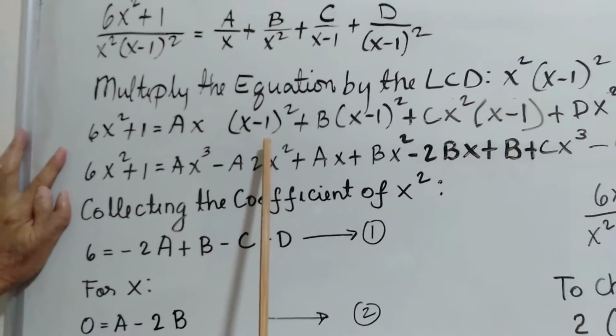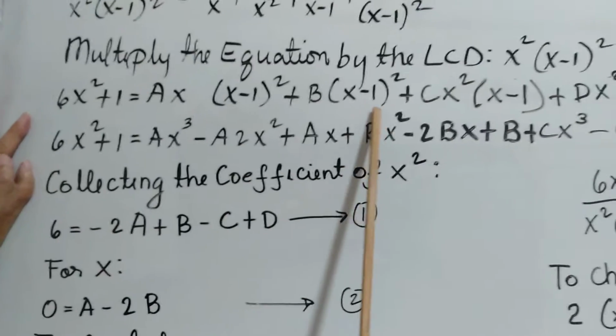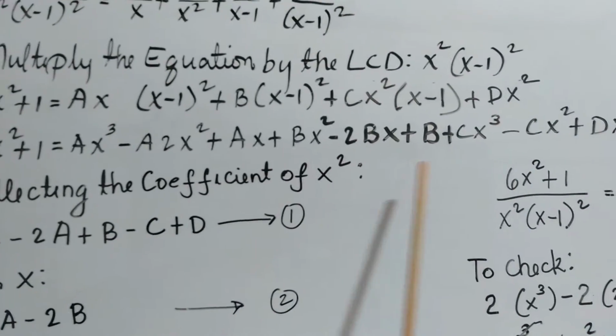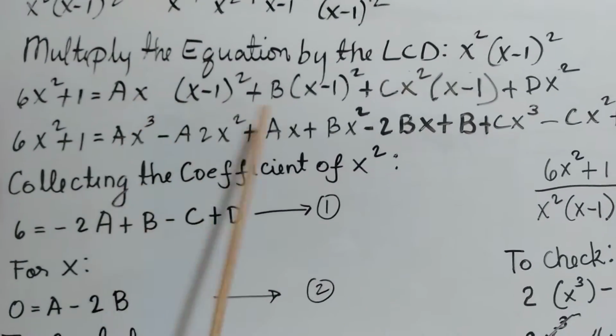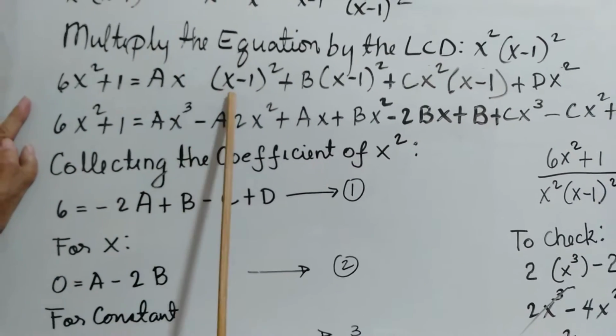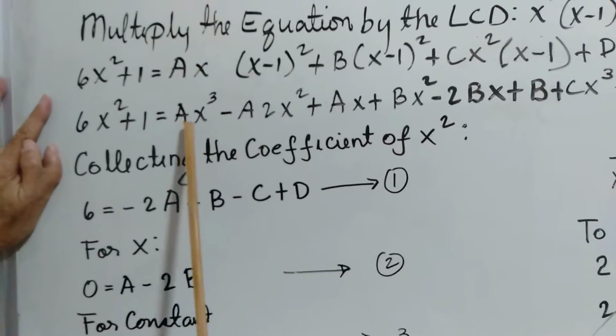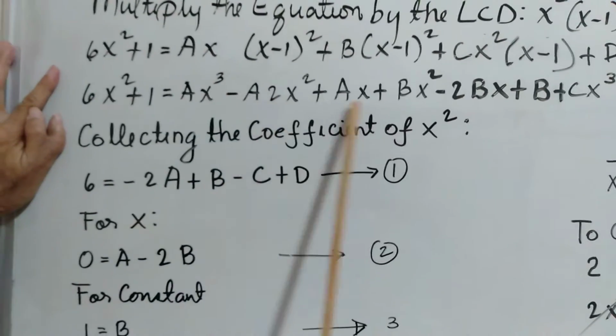So we expand all of these, multiply all of these factors here. So ax times this quantity here will result in this form.